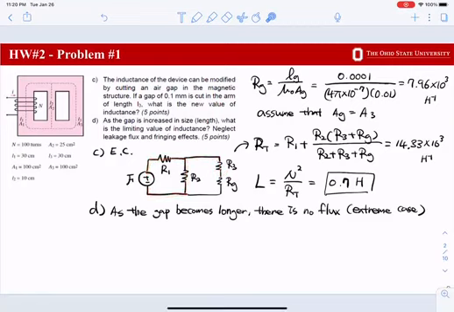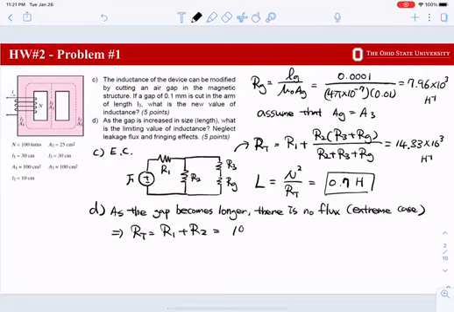Because this reluctance is really high, the flux cannot flow this way, so you can consider only reluctance 1 and reluctance 2. So the total reluctance is just reluctance 1 and reluctance 2.